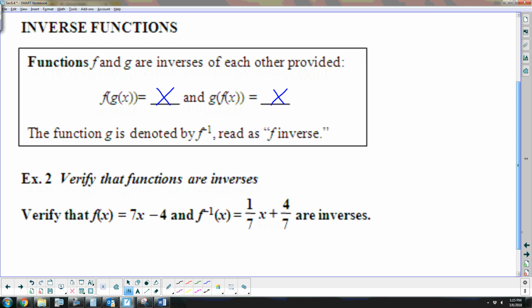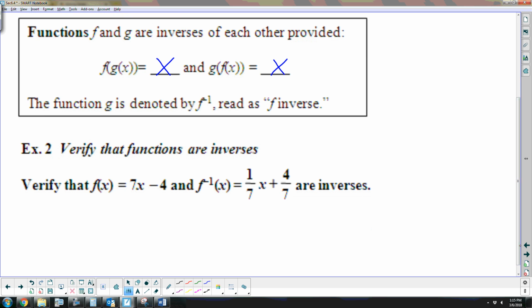So let's look at this property now, and we're going to verify that these functions are indeed inverses of each other. So first thing we need to do, we need to show that f of f⁻¹ of x is equal to x.